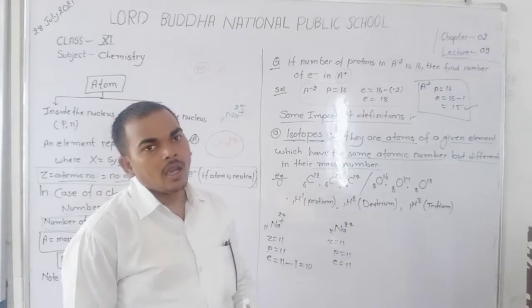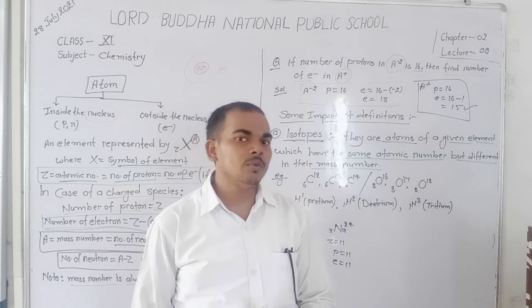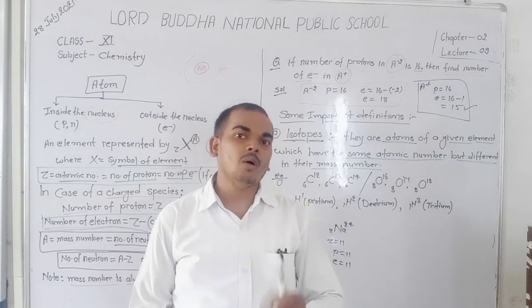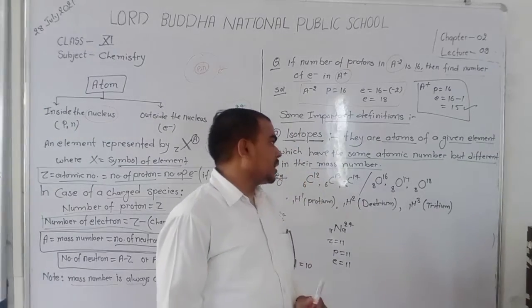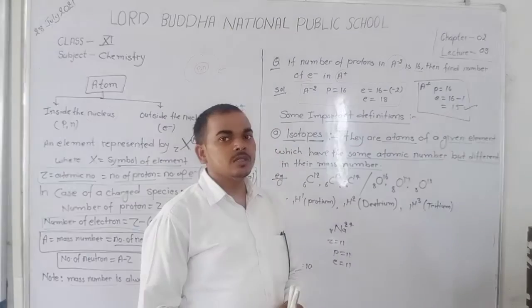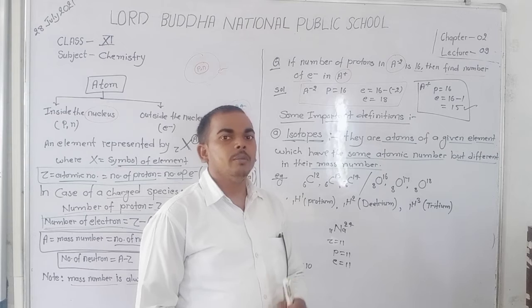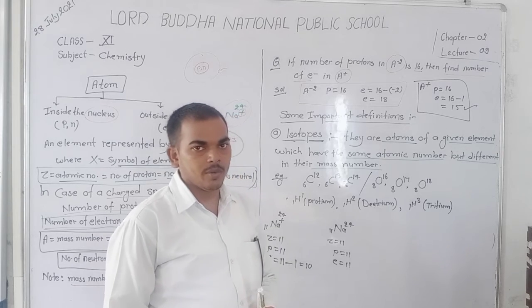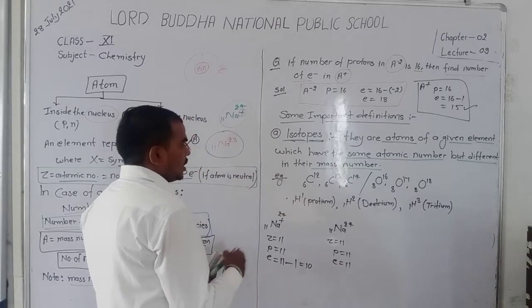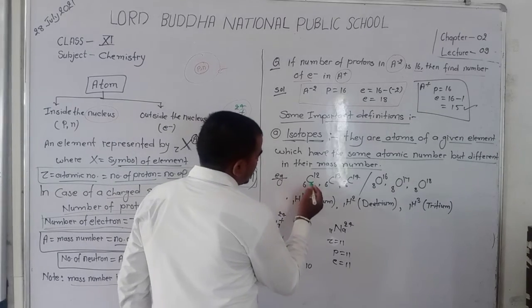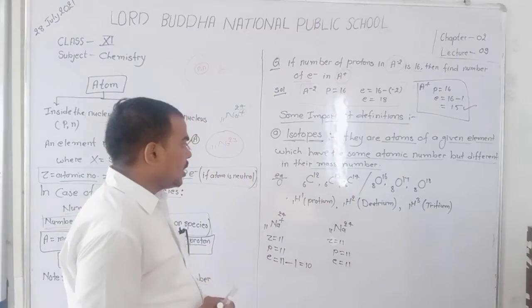Dear student, always remember atomic number decides the properties of the element and the symbol of the element. The definition says same atomic number means same symbol, which means same properties of the element. Dear student, here the symbol of carbon is given.